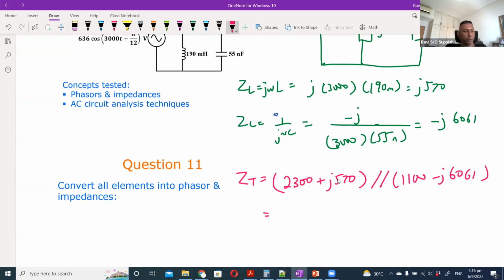It is the same as before, so it is multiplied over the addition. So it's 2300 plus J570, multiplied by the other branch.